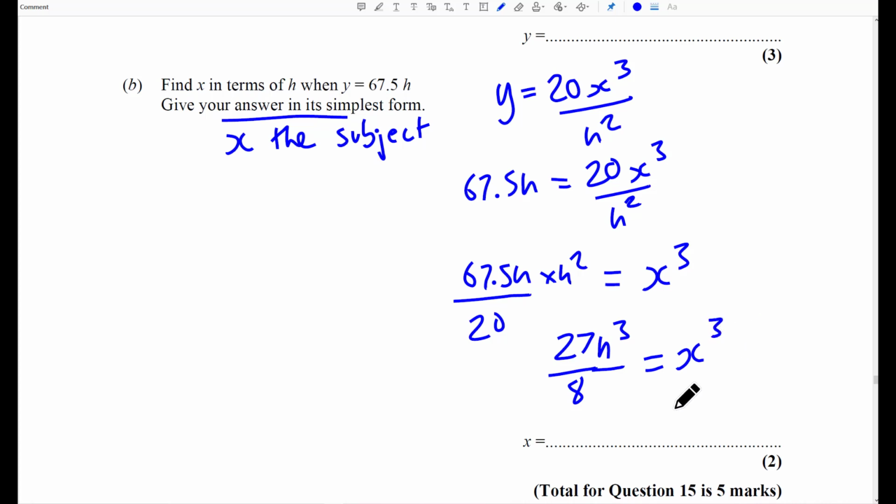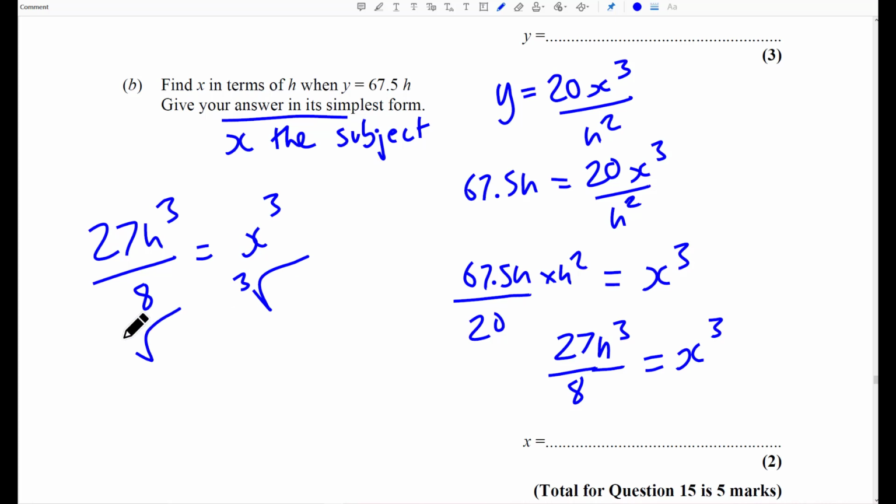So what do we need to do now? I'm going to write this over here. Now I wanted to do this so we can get nice easy numbers. Okay, we're going to cube root both sides. So remember, we're cube rooting 27h cubed, the whole thing, right?